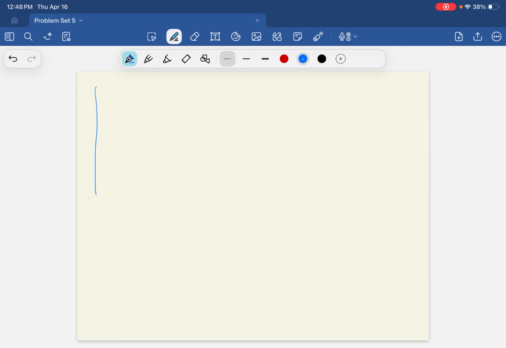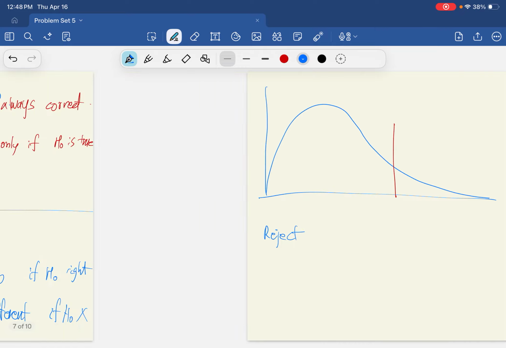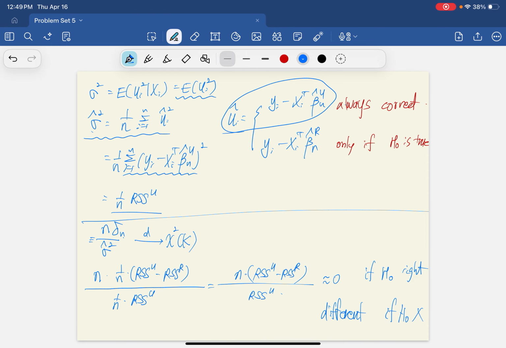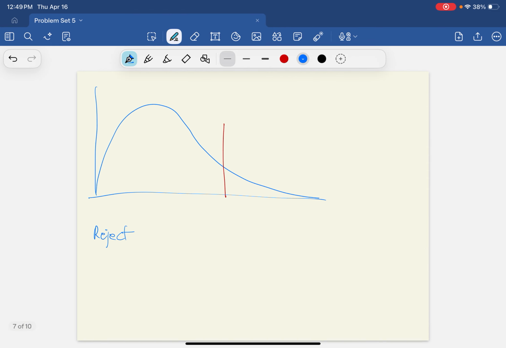Then how can we define the critical value? It's easy. Think about the chi-square distribution, and you are going to find a critical value. So you are going to reject if, let's define this as f, f is greater than a certain critical value c, such that the probability that chi-square k is greater than c is only alpha.